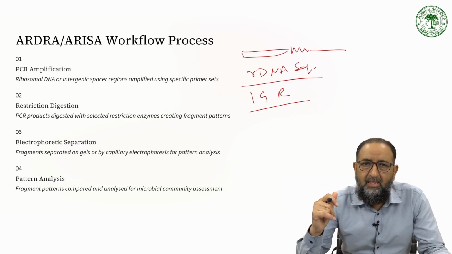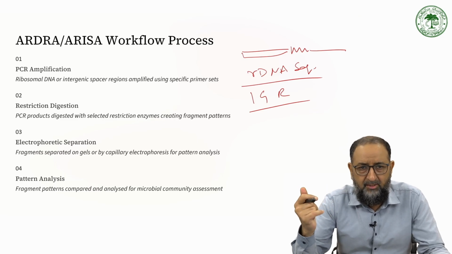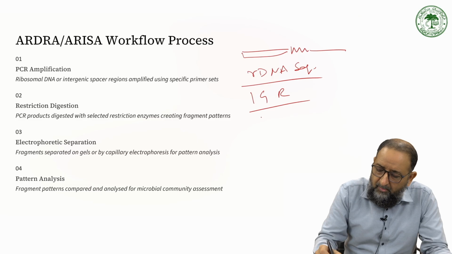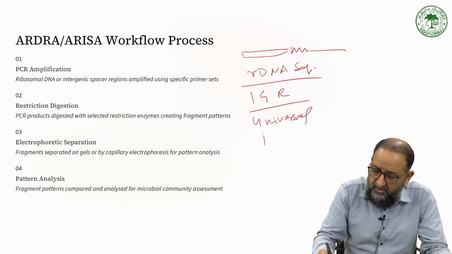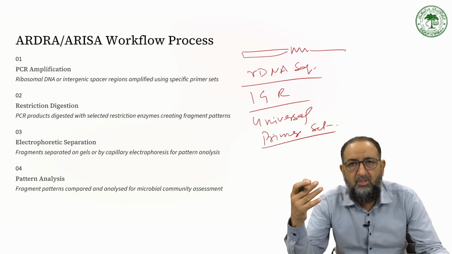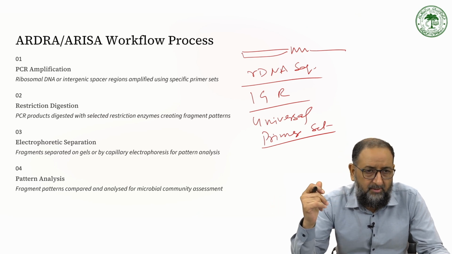The ribosomal DNA intergenic spacer region is amplified using a specific primer set. Universal primer sets are available, and you can use them to amplify these interspacer regions or rDNA regions.